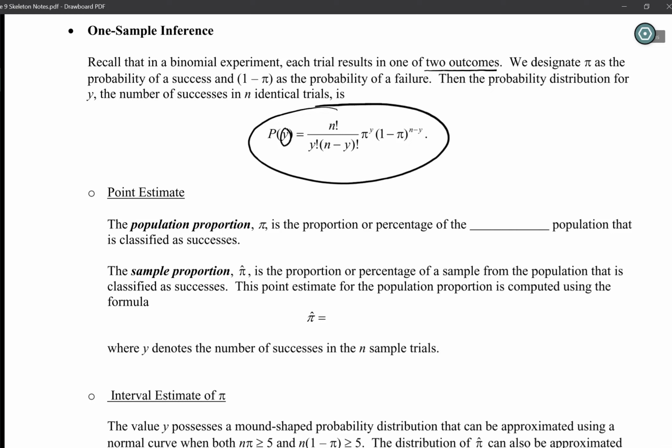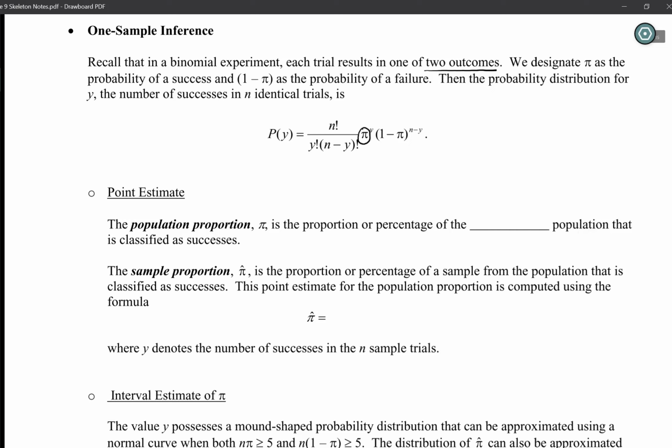What we're doing here in this module is not using this formula to compute probabilities. Rather, we want to perform inference on this probability of success.